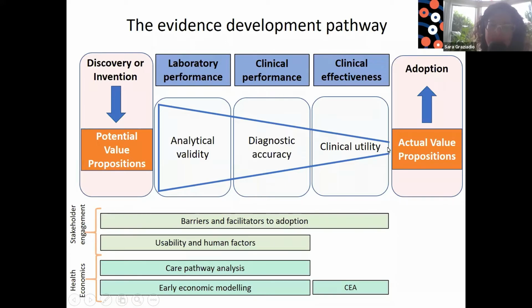The other thing I wanted to point out is these lines here. What do they represent? They represent the uncertainty level. If you're starting in this phase, we really don't know if we've got a test, how it works, or whether it really works. The level of uncertainty is really, really high. The more we go forward with the journey of generating evidence, the less uncertainty we've got. This is a very important concept.